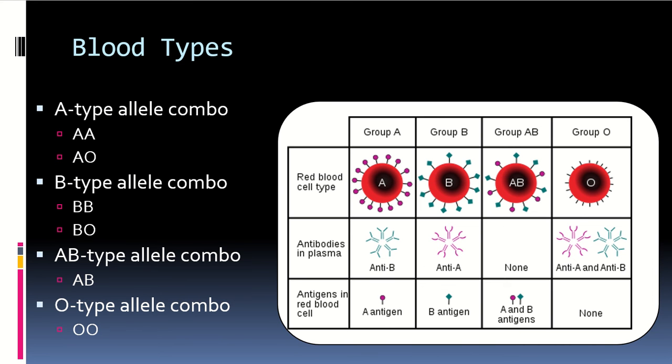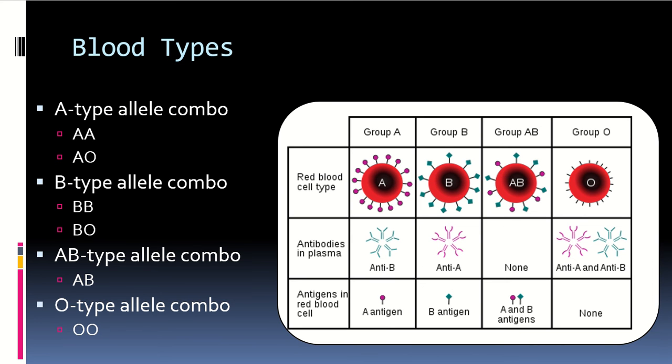O blood, on the other hand, does have antigens around their red blood cells. They just lack the antigens that are A antigens and B antigens.